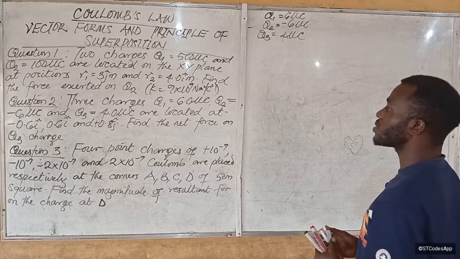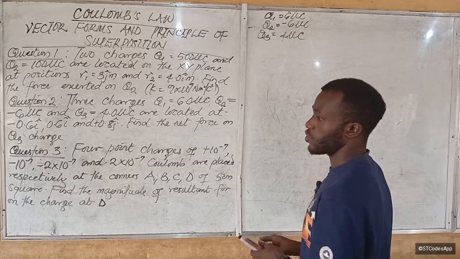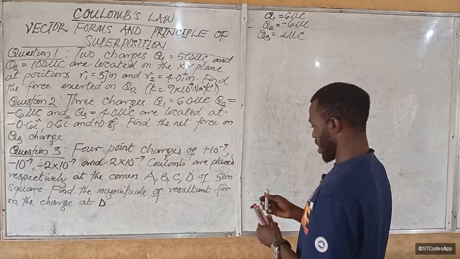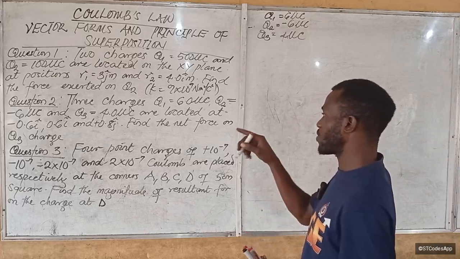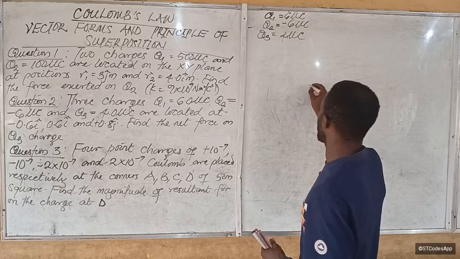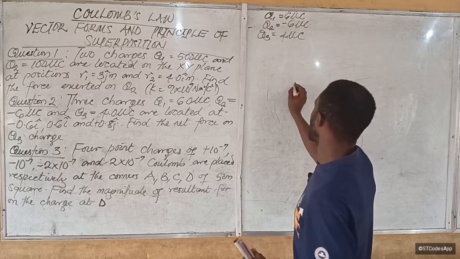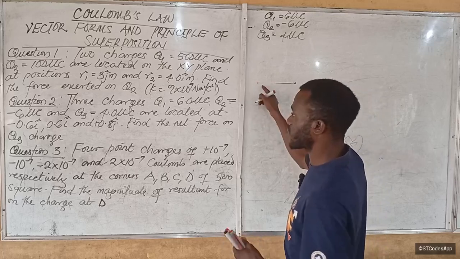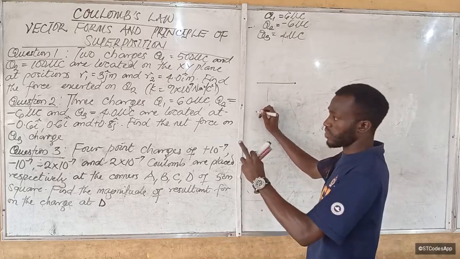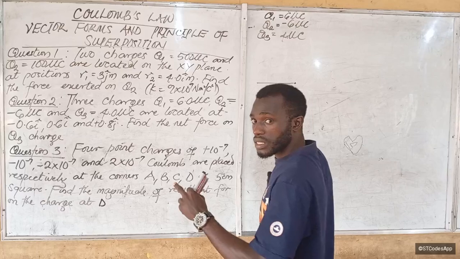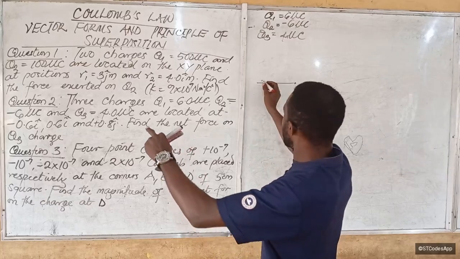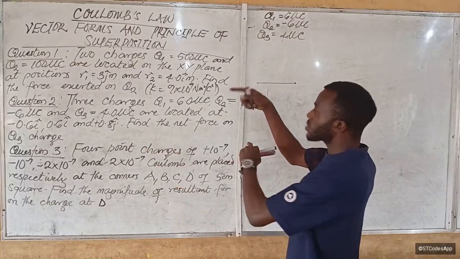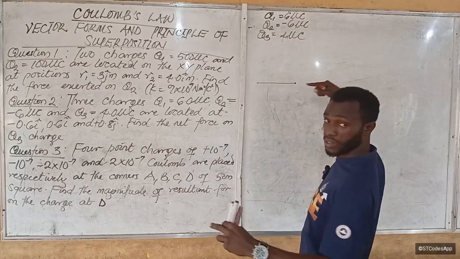So we are going to give them those values respectively. Q1 will be located at minus 0.6i. So we'll start from origin. Let's say we pick this point as origin. So 0.6, maybe meters, the unit is not given there. Negative in this direction, on the x-axis.